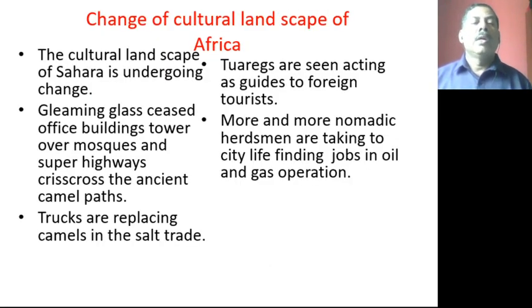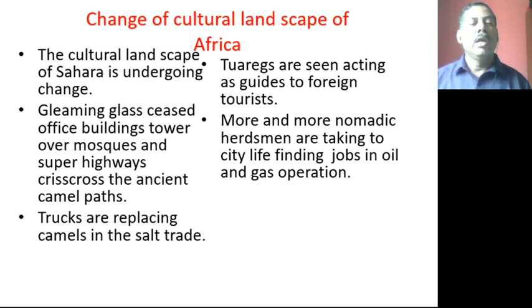Now coming to the cultural landscape of Africa and how it has changed. The cultural landscape of the Sahara is undergoing change. Earlier, a different type of landscape was there. Now it is changing due to the increase of heat. Gleaming glass-sided office buildings and different buildings were constructed, towering over mosques, and superhighways are constructed crisscrossing the ancient camel paths.